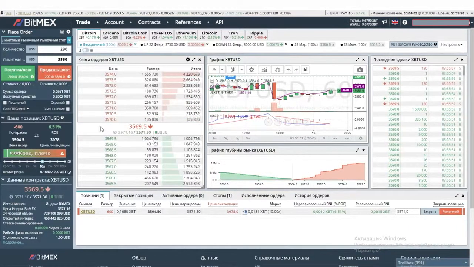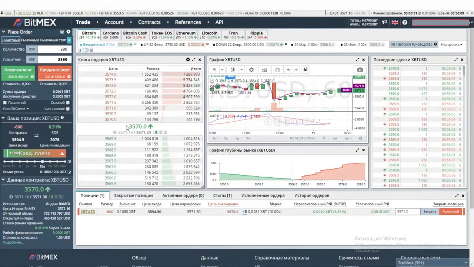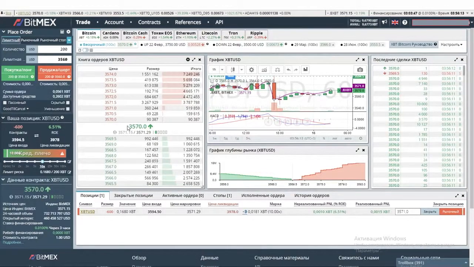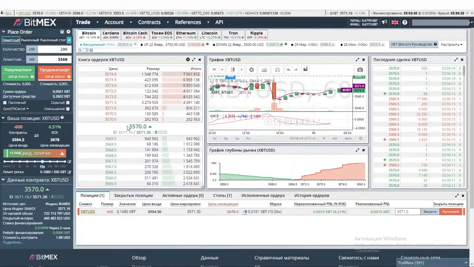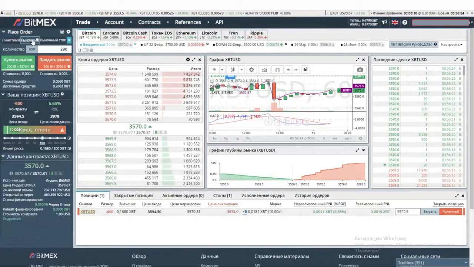Why is it so? What mechanics happens when these orders are triggered? We'll talk about it all in other videos, so now do not pay attention to it. Just keep in mind that you can buy below the current price and sell above the current price. Otherwise, the limit order will be executed as a market order.